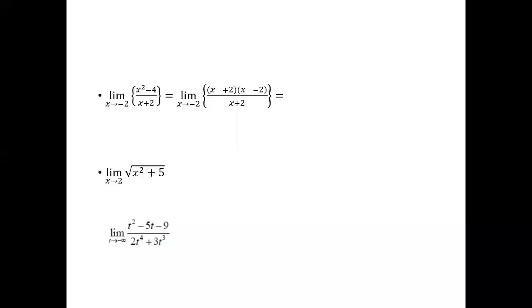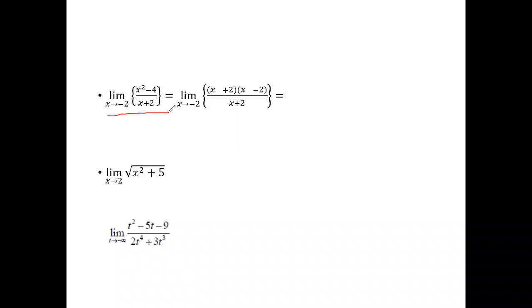So we have another example on the board. We have to find the limit of x squared minus 4 over x plus 2 as x approaches minus 2. And clearly, once again, we can see we have a difference of 2 squares scenario.